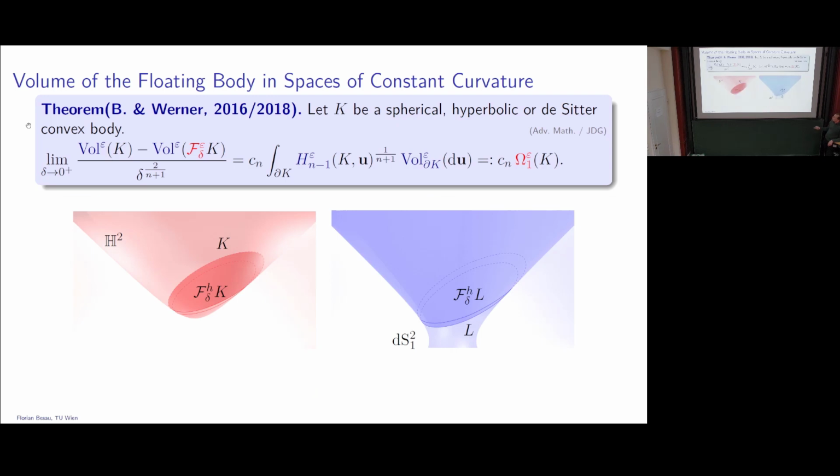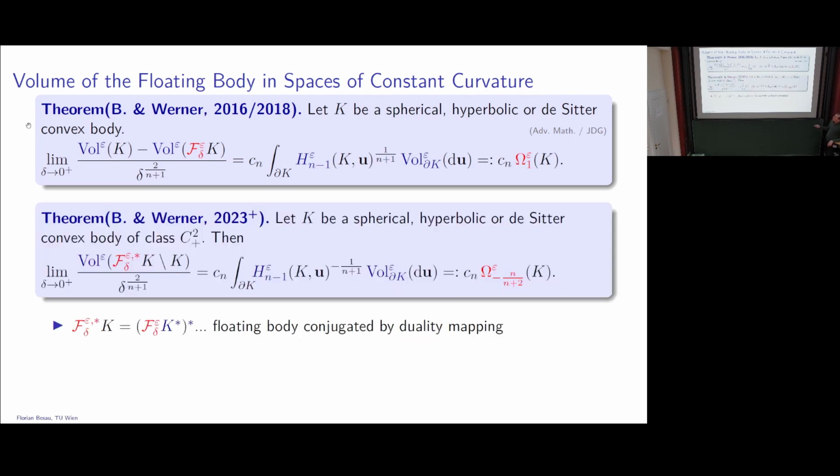Floating bodies are defined as you would define them in Euclidean space. And using our polar theorem and harmonic projections and identifying the projective model with our spherical, hyperbolic or de Sitter space, we also can now state the same for these conjugated floating bodies.